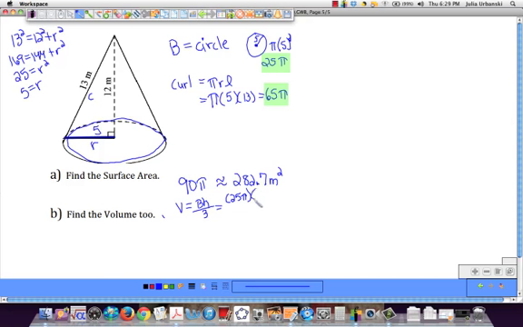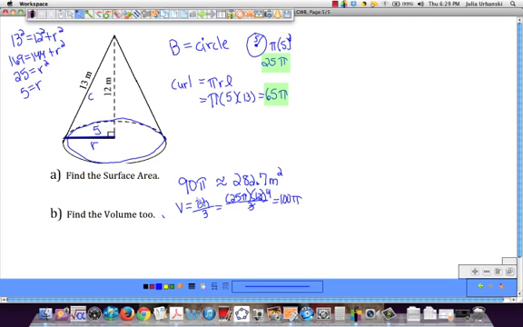That's times 12, and then you divide by 3. The 12 and the 3 can reduce, and we get 100 times pi, and that would be meters cubed.